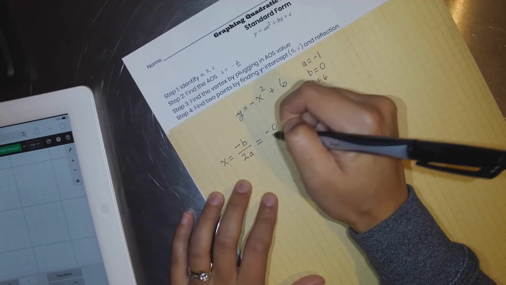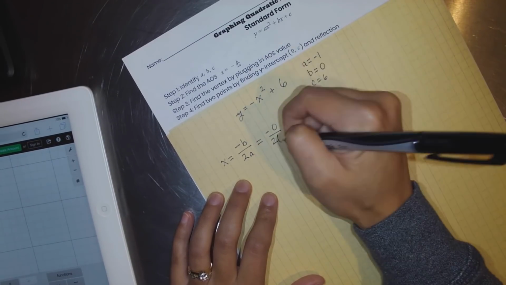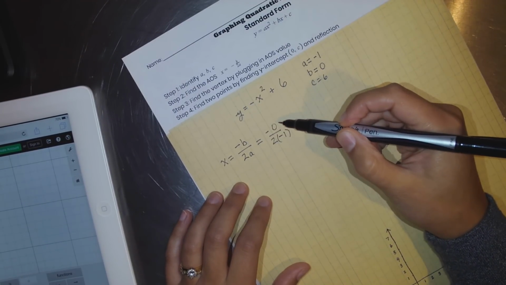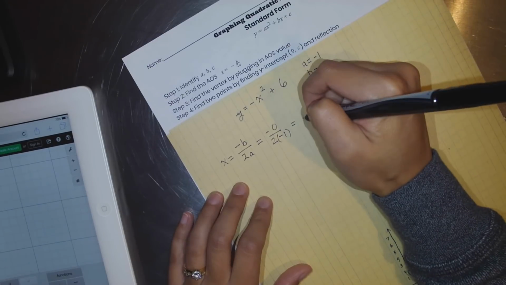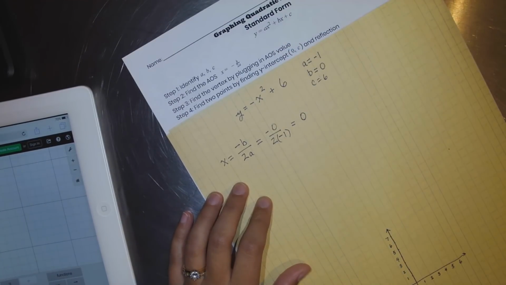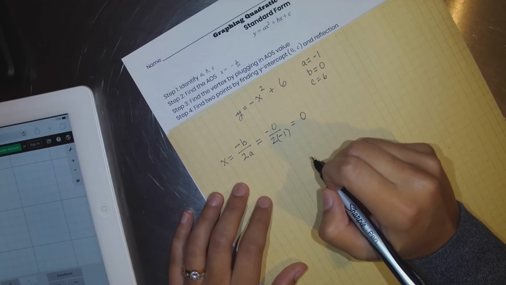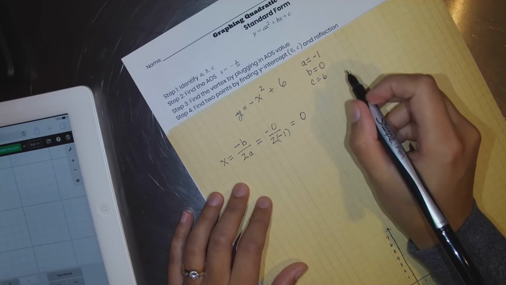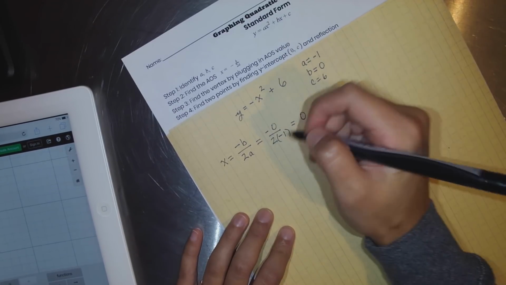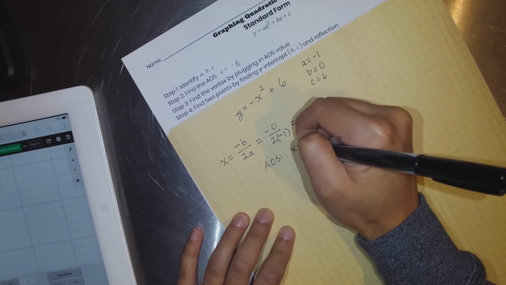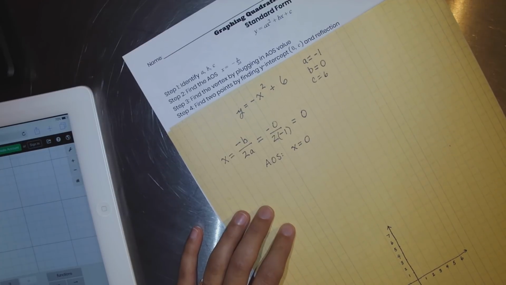This would look like negative 0 over 2 times negative 1. If you have 0 in the numerator, this fraction will just equal 0. If you have 0 in the denominator, then it's undefined, and you should double check what your values are. So here our axis of symmetry will be x equals 0.